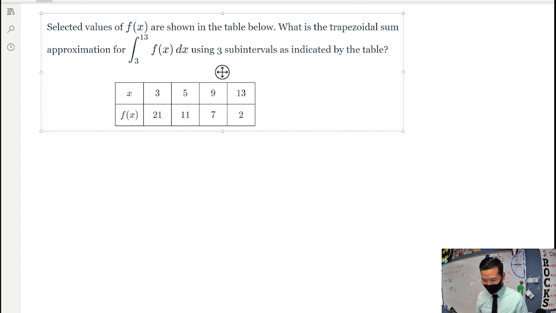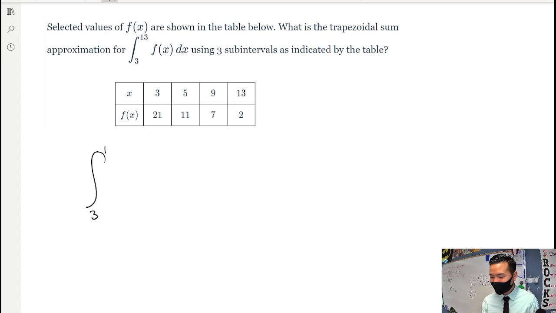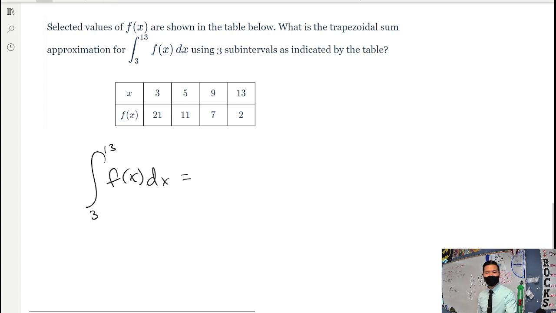Oh wait, there's not that many numbers. I know. Just the table. I feel like if I go back, it won't make sense if I don't copy it. Copy it, then. At least copy the table, and then copy this part down right here, because that's what you're trying to find. So try this out. See what you get.